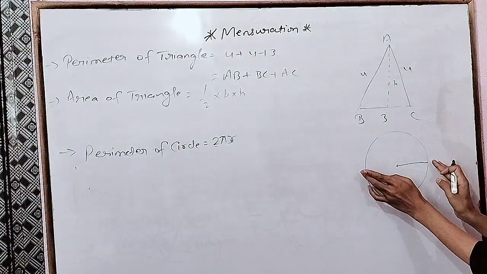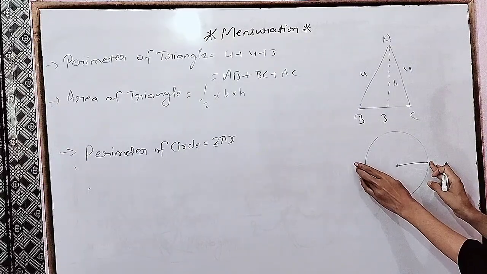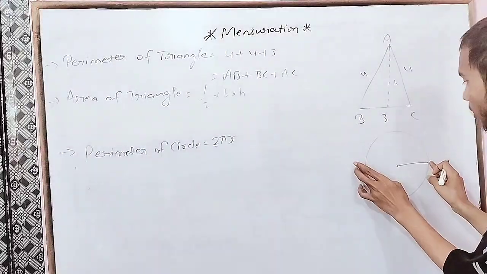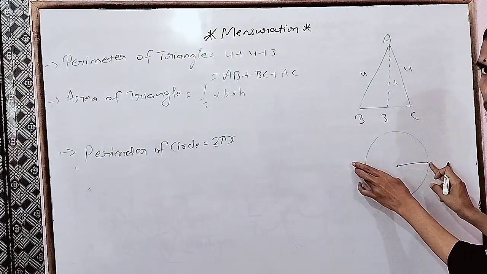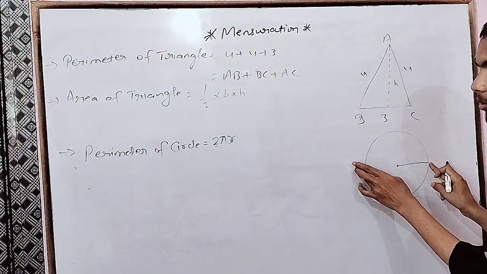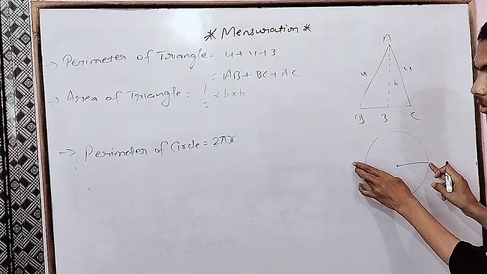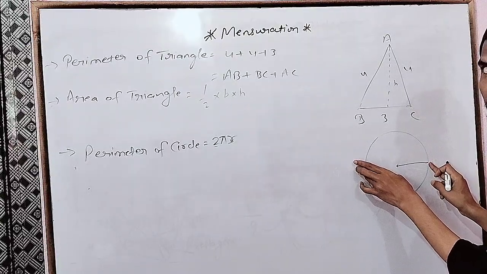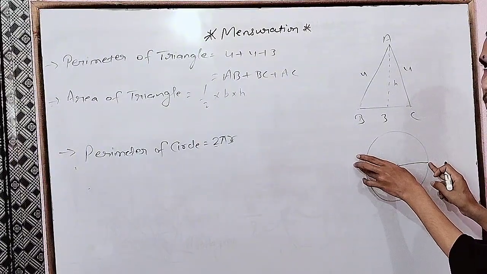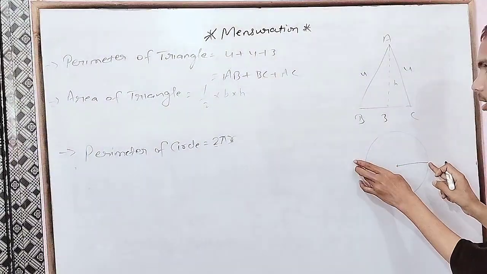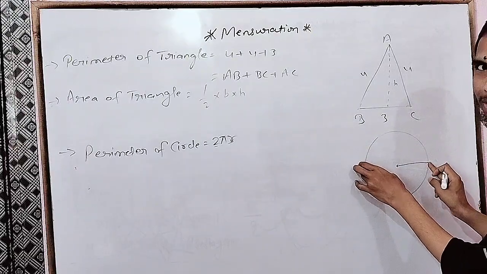As we know, in the unit circle with radius 1, from here to here is how much? Pi is 3.14, otherwise 22 by 7. It is said that pi is an irrational number.